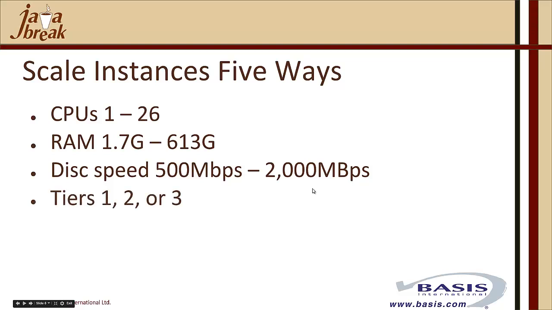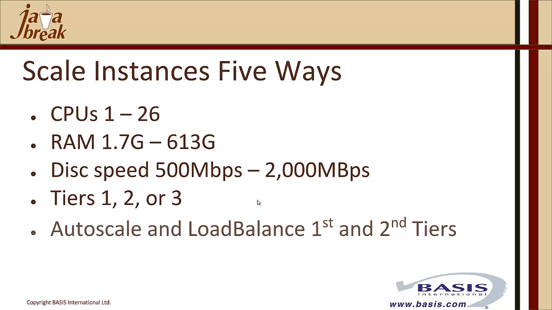Now we come to the scalability that comes from having Basis and BBJ already pre-configured on these machines. You can fire them up to be a 1-tier machine, a 2-tier machine, or a 3-tier machine, or any combination that you want. Another couple of really nice features is the 1st and 2nd tiers are all auto-scalable and load balanceable.